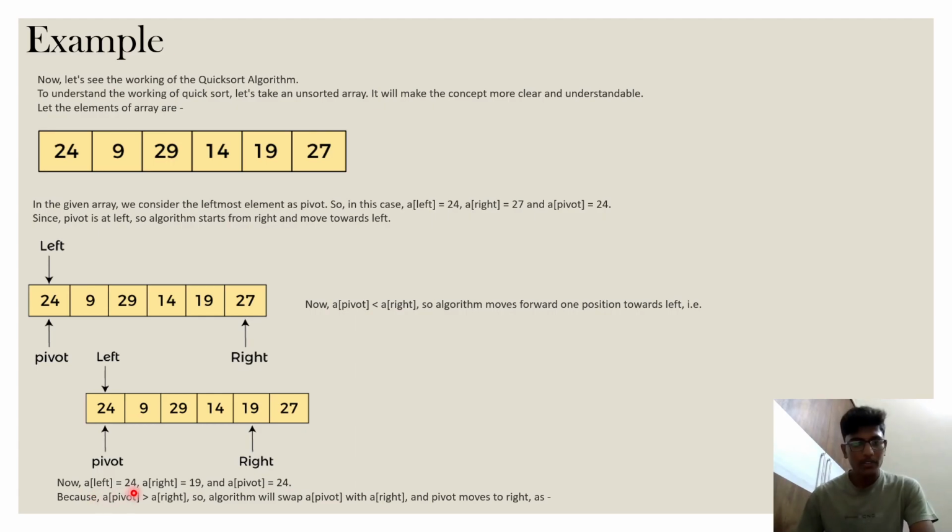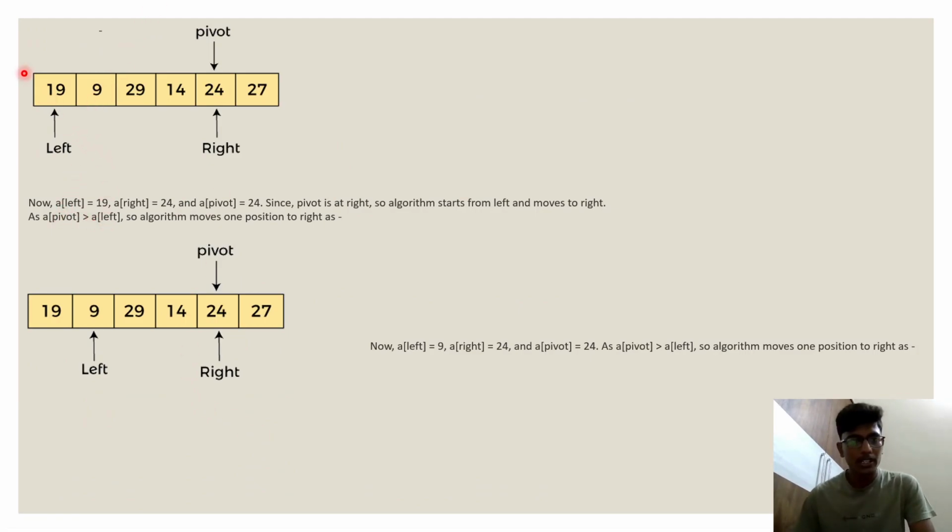Now A of left equal 24, A of right equal 19, A of pivot equal 24. Because A of pivot greater than A of right, the algorithm will swap A of pivot with A of right and pivot moves to right.